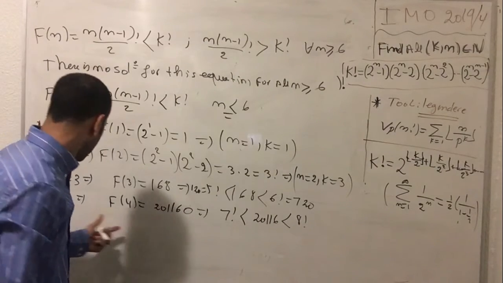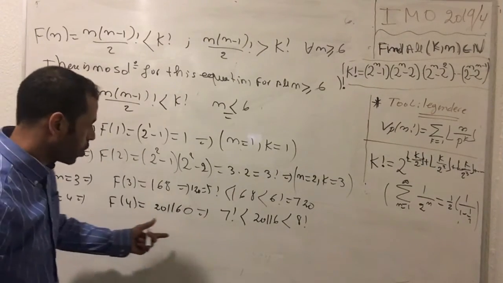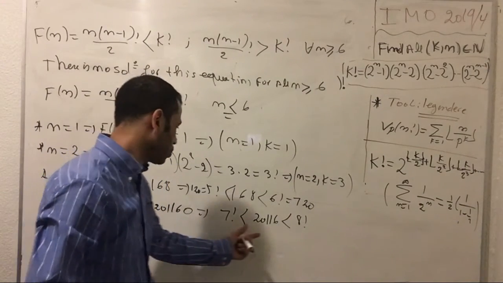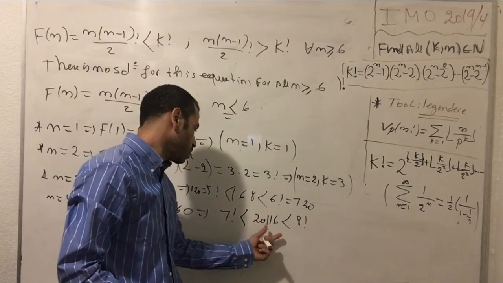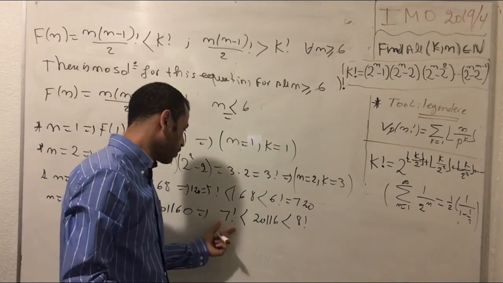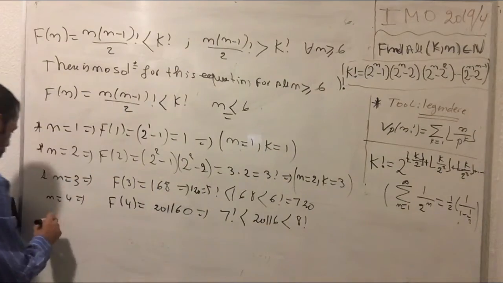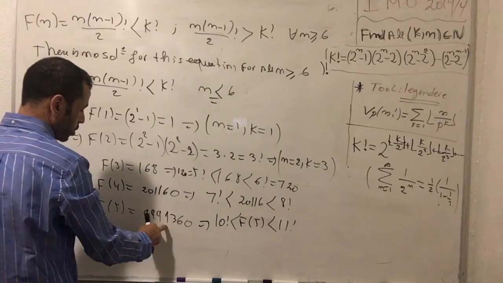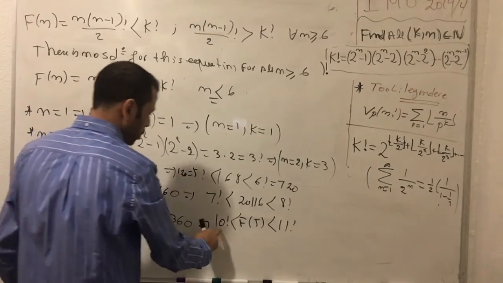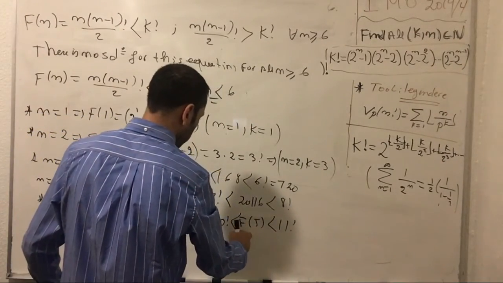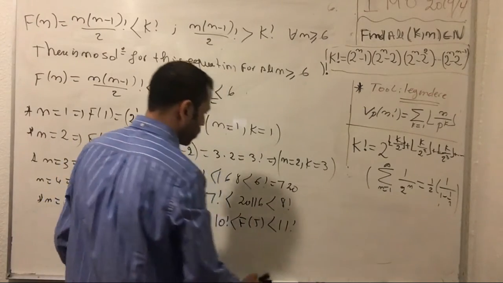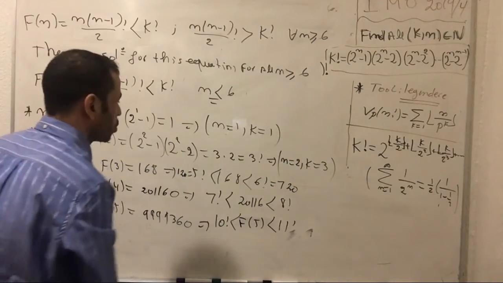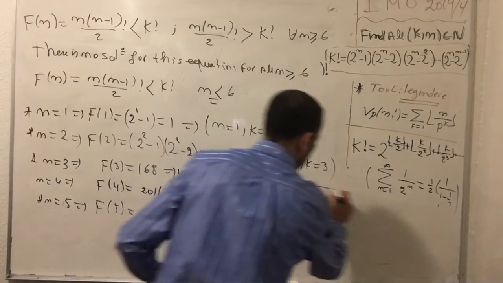For n equal to 4, we don't have a solution either, because f of 4 equals 20,916, which is located between 7 factorial and 8 factorial. Let's check f of 5, equal to 9,999,360, which is located between 10 factorial and 11 factorial, which is not a solution of this equation. So I have only 2 solutions.